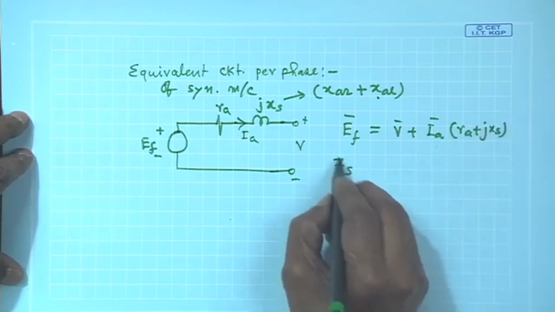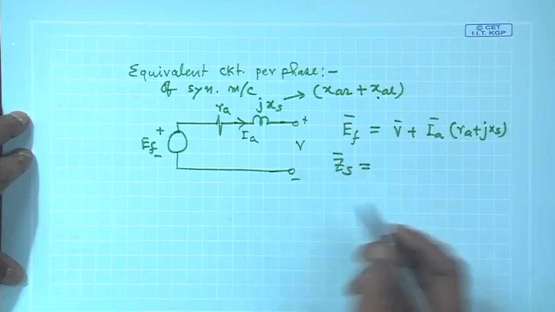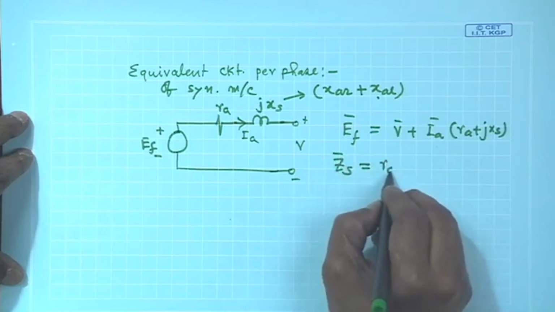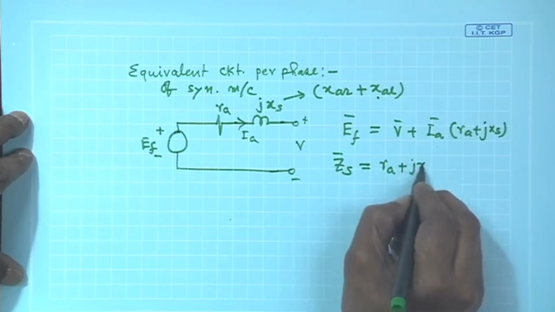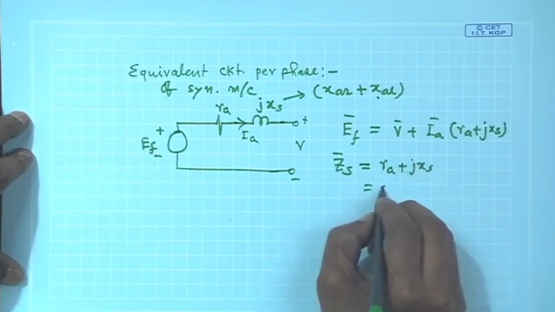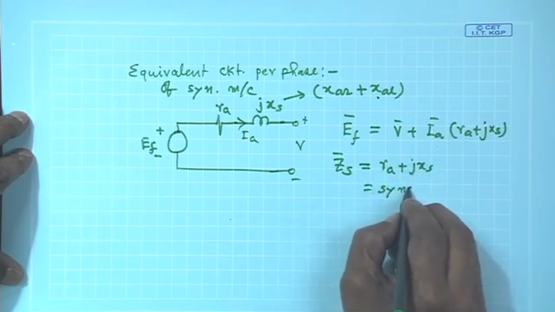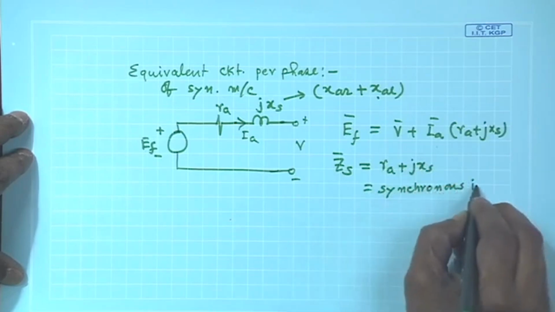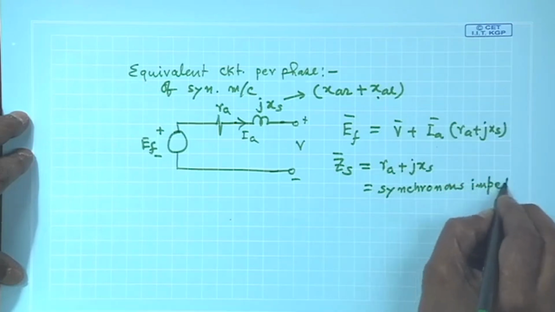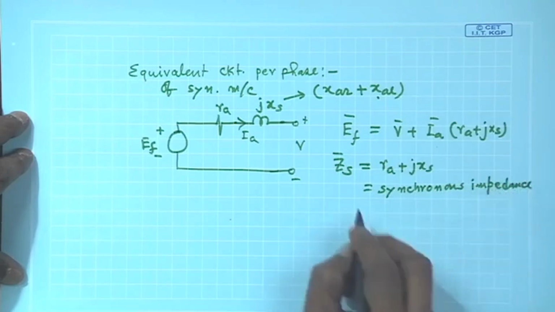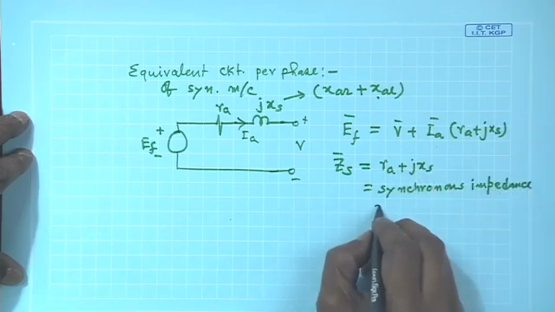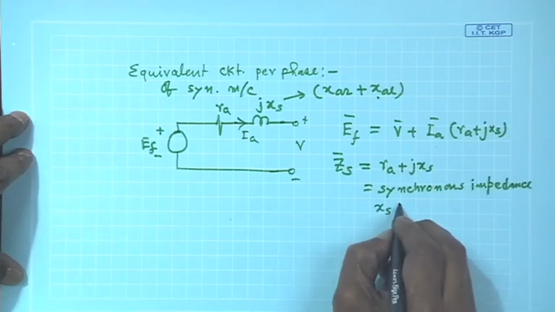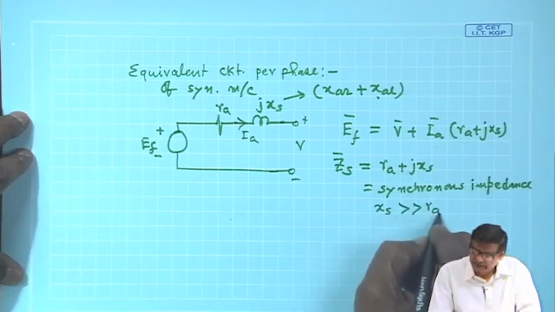This impedance, which is equal to RA plus J Xs, is called the synchronous impedance of the machine. And also here it is true that Xs is much larger than RA.